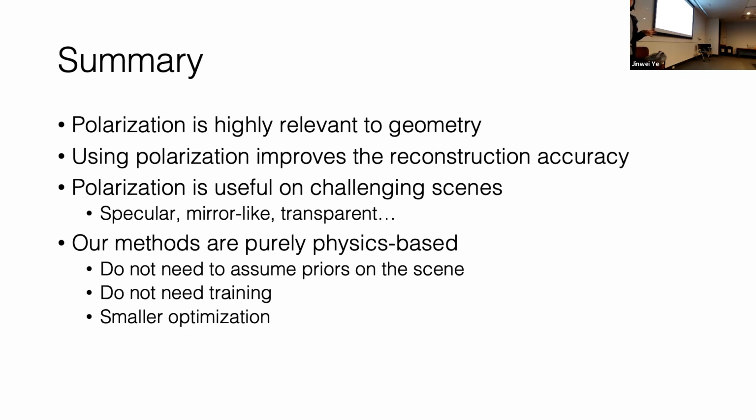We don't need any geometric prior, no prior on the geometry and the material, and also we don't need training data because it's purely physics-based, mathematical reasoning, and the optimization problem we're solving is of much smaller size. And with our method, we can generate data for learning-based methods.